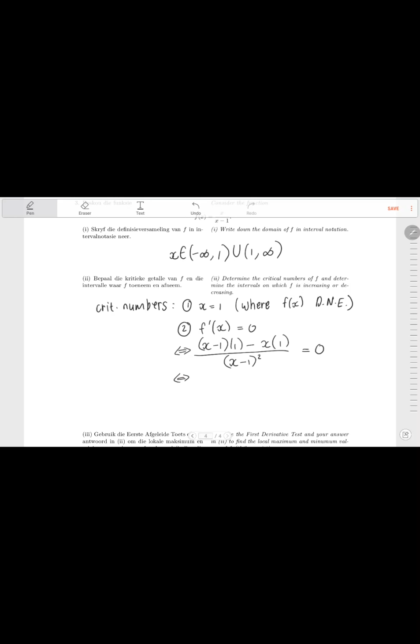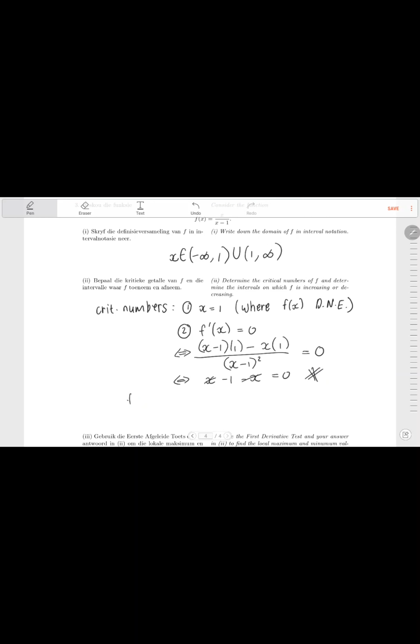So our numerator is x minus 1 minus x, and the two x's will cancel, so we have minus 1 equals 0, but that's not possible. So we know that the derivative is never equal to 0, right?